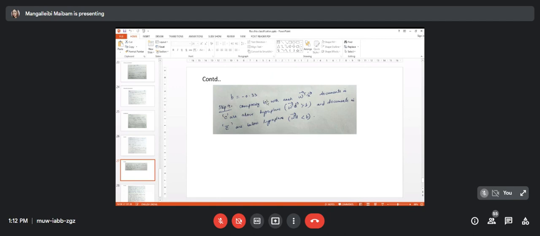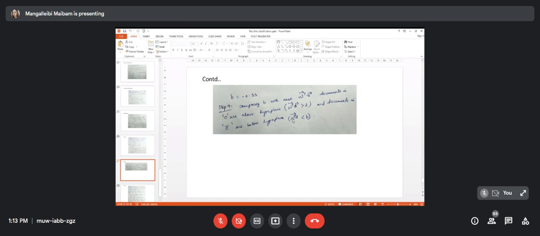That means we have to compare B with this value. Documents in the China class are above the hyperplane because they have values greater than B, and documents in C2, which is not the China class, are below the hyperplane because the value is lesser than B. Here, for D1, D2, D3 we got 0.33, which is greater than minus 0.33.